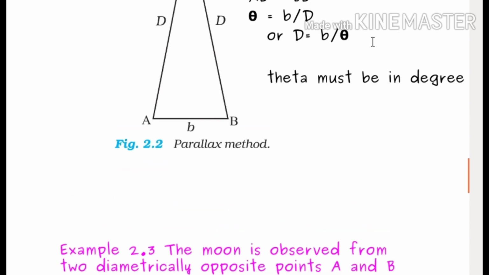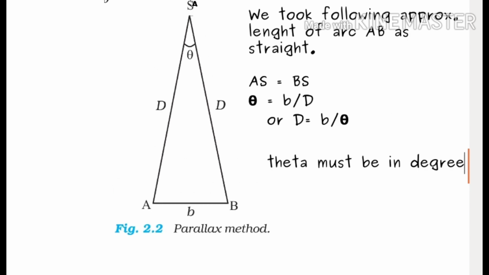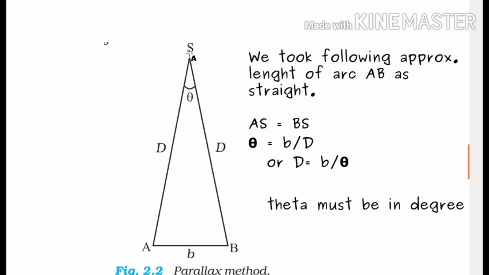Suppose this is the moon, situated at S, and you are observing from Earth. This is position A and this is position B, two positions.